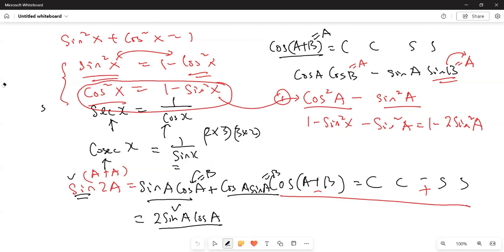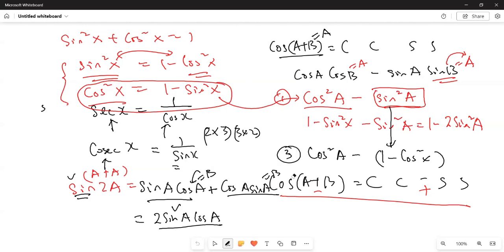One last one, you know where I'm going to get it from, right? Now, one last one is going to change the sine square to cosine. Okay, I better use another color. So for this one, I change it to 1 minus cosine square x, but must bracket it. So I will get cosine square a minus, and then eventually I get the third double angle formula here.